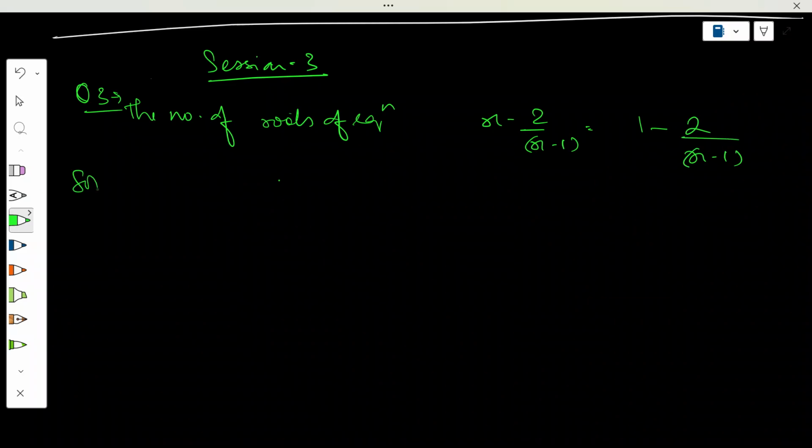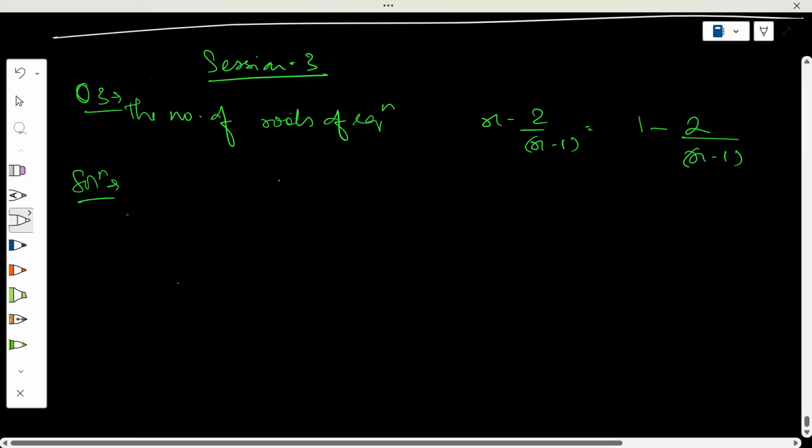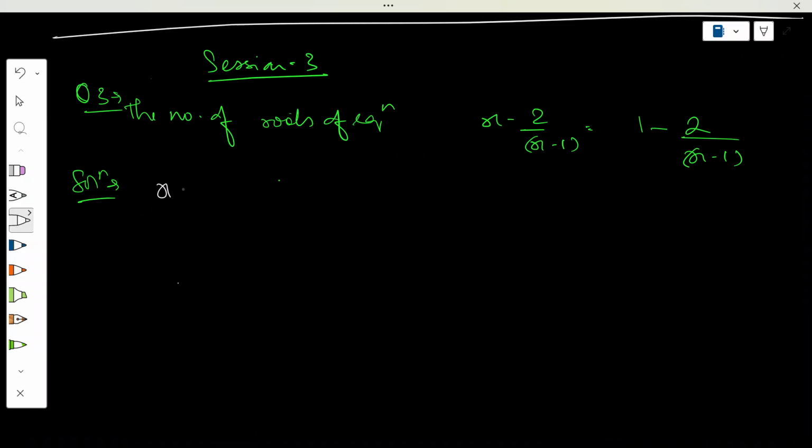In the solution we know that x cannot be 1, because if x were 1 this would lead to 2 by 0, which is an indeterminate form. This number will approach infinity.